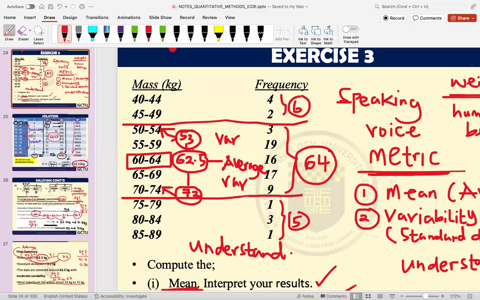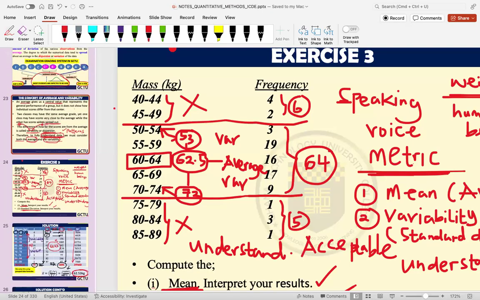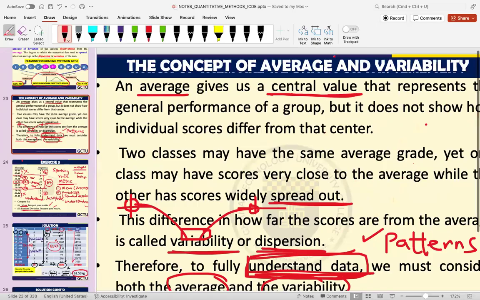If you want to use weight to work, what you do is that the weights here are not bigger. You can ignore them. The weights here are too much. You ignore them. But the weights here, we say they are acceptable. You can work with them. And that is what we have done today by learning about the concept of the average and the variability.